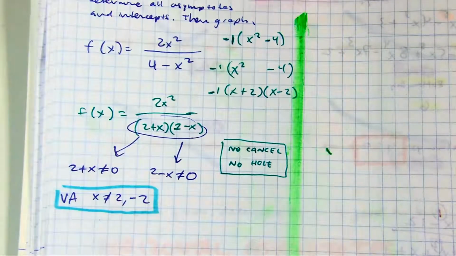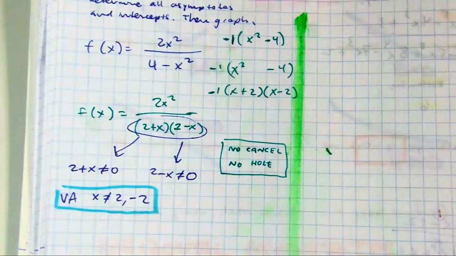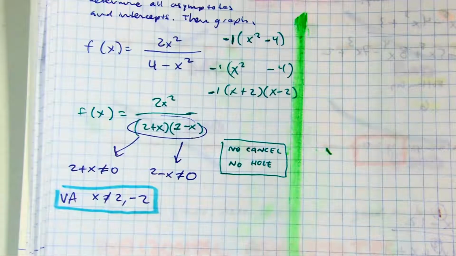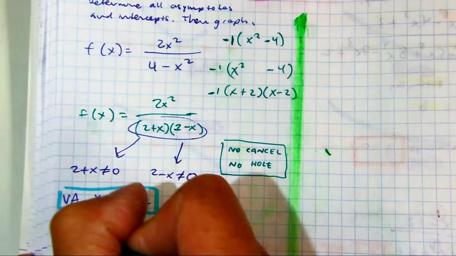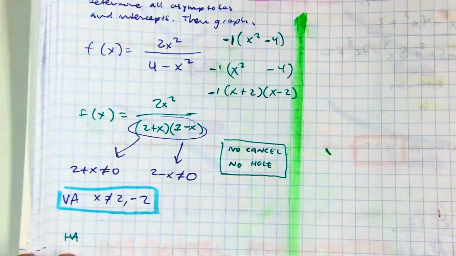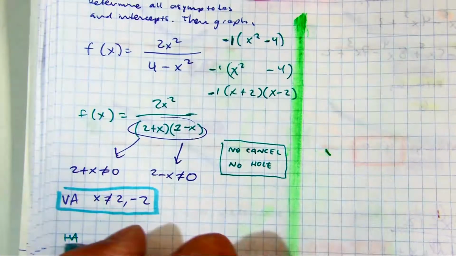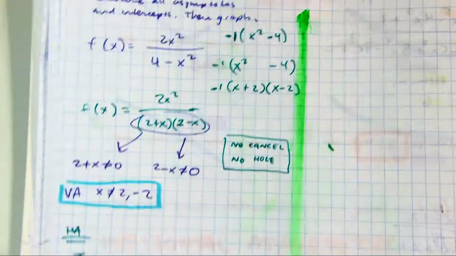Wilson, tell me something. How about yesterday's lesson? Horizontal asymptotes. Yep. Okay, why did you reduce? Yeah. What is your top degree?